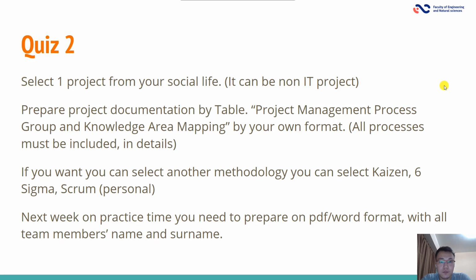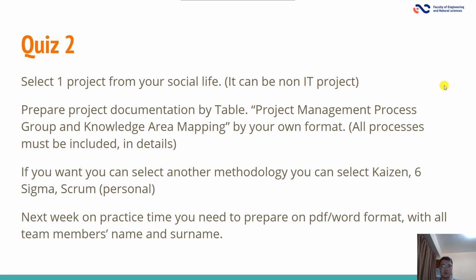So, it is your quiz number 2. You have to describe one project from your social life by using a table. Call it project management process group and knowledge area mapping. That's all.